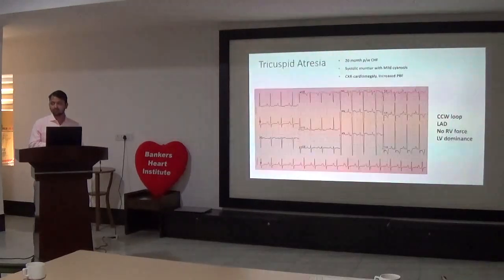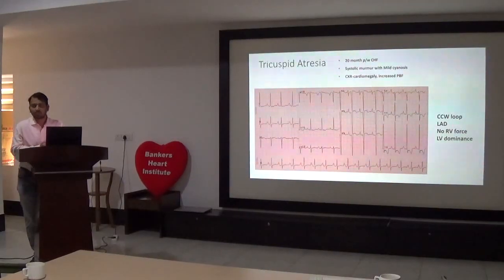How do you differentiate congenital aortic stenosis and tricuspid atresia? In tricuspid atresia there is left ventricular hypertrophy. Yes. In congenital aortic stenosis also you get left ventricular hypertrophy. How do you differentiate? What is the differentiating point? The main thing I want to highlight is no RV force.